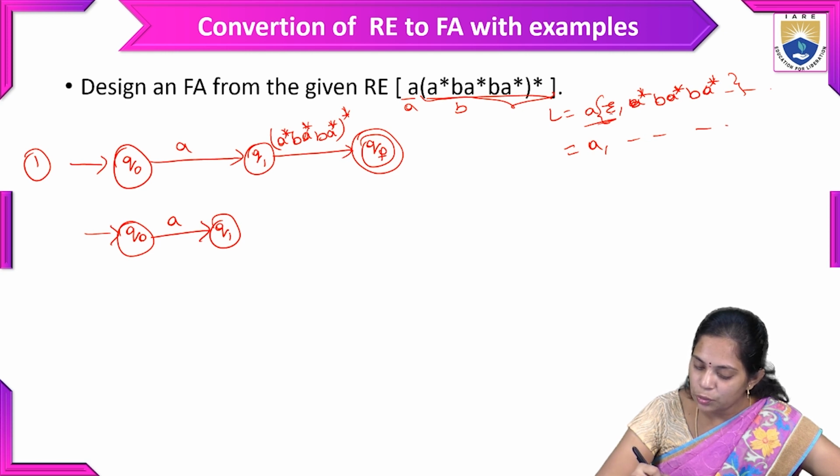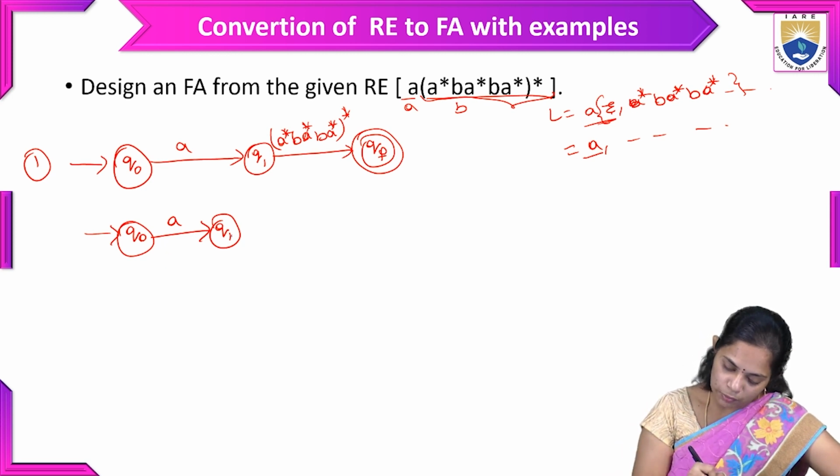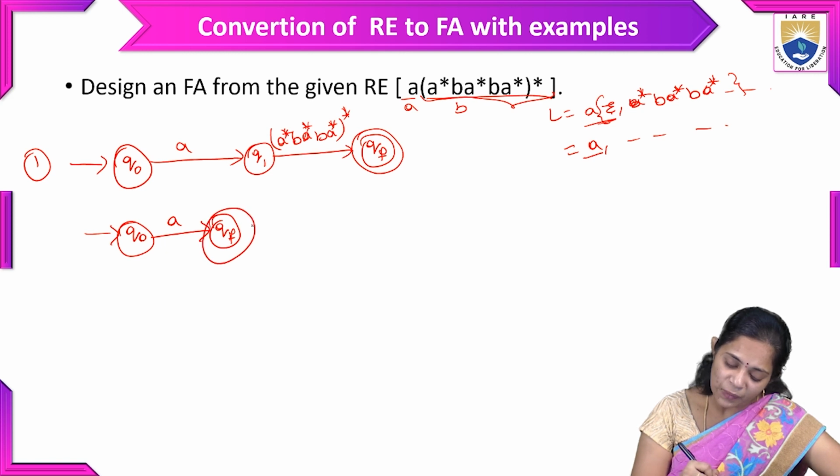So A into epsilon. So after giving the input symbol A, it is reaching the final state. So we will take only final state 1. For this one, first we have to do the concatenation of all these things.